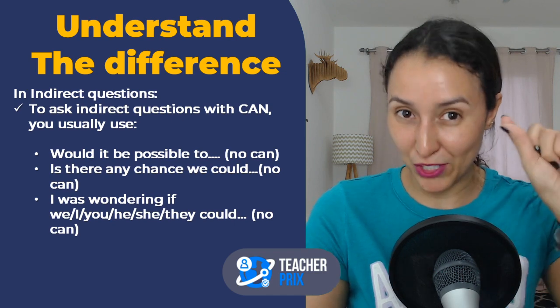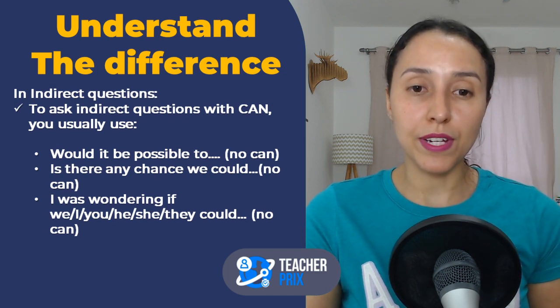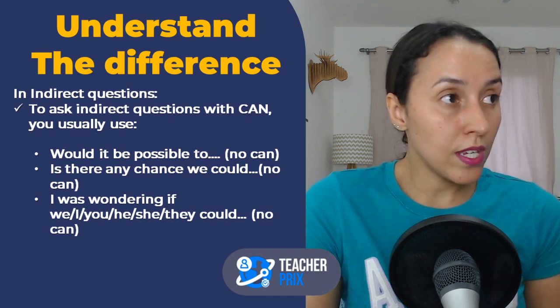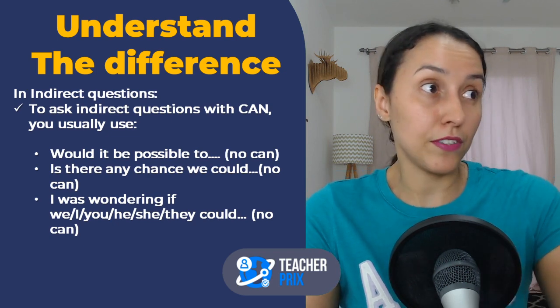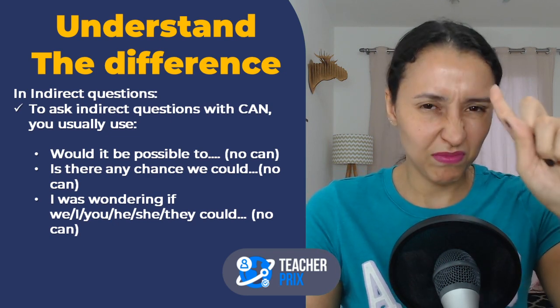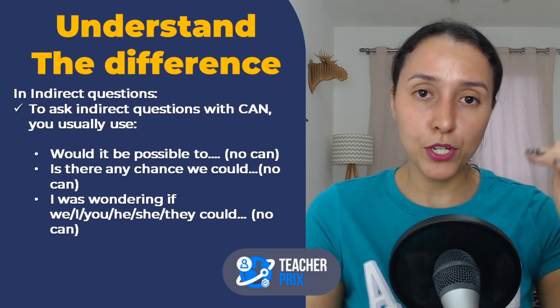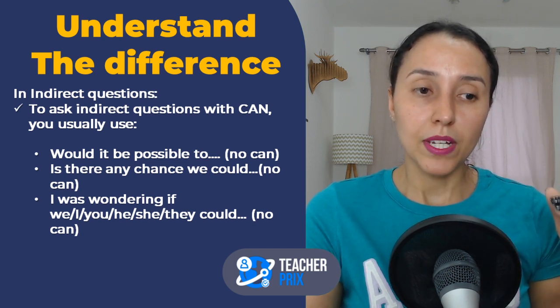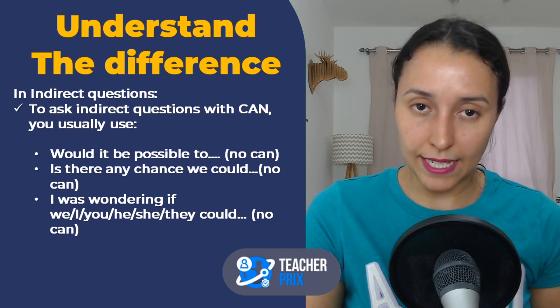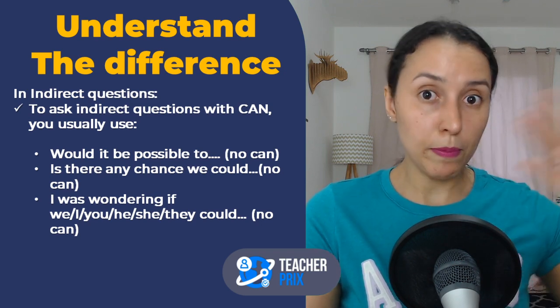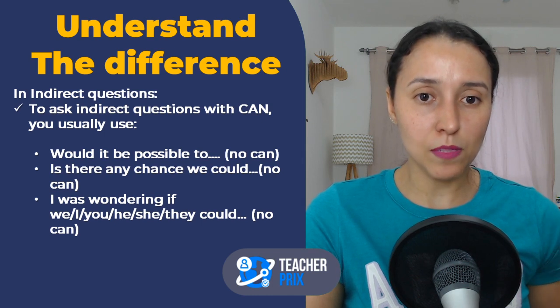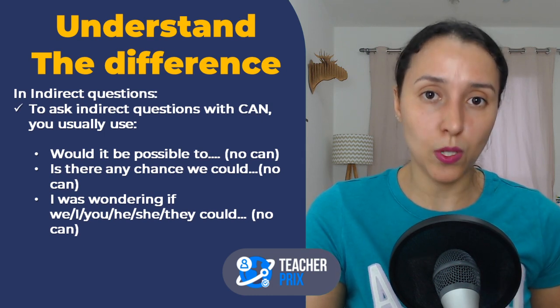And I use could: I was wondering if you, if we, if they, if John, if the doctor could. Not can; it's not so common. So these are three options of indirect question beginnings that you can use to replace can. Can is more commonly used in direct questions.